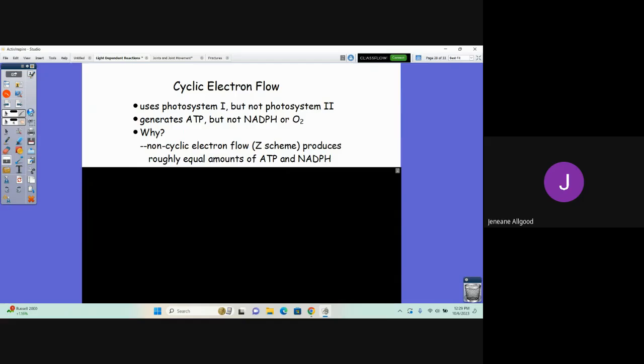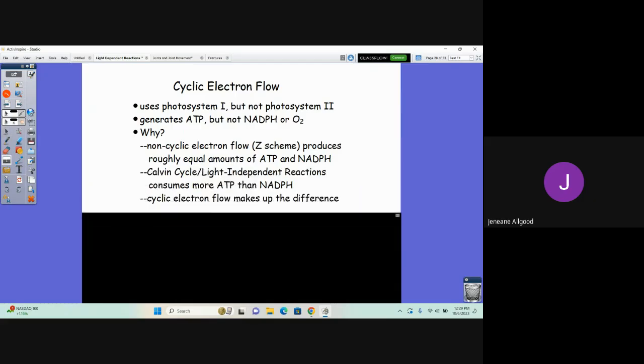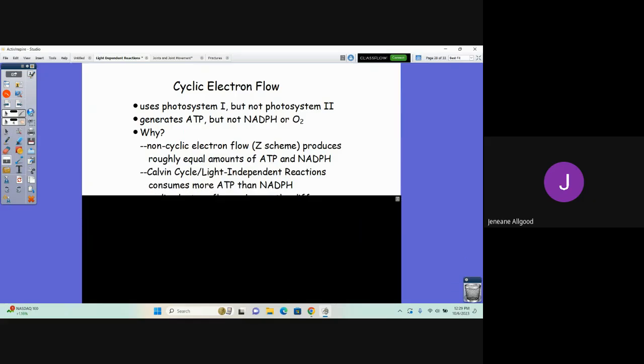Okay, so non-cyclic electron flow produces roughly equal amounts of ATP and NADPH. So if we just do that process that we just finished talking about, you're going to make roughly equal amounts of ATP and NADPH. But the problem is, Calvin cycle requires more ATP than it does NADPH.